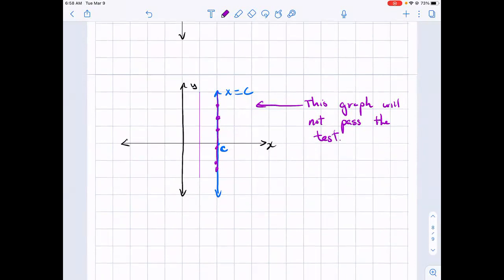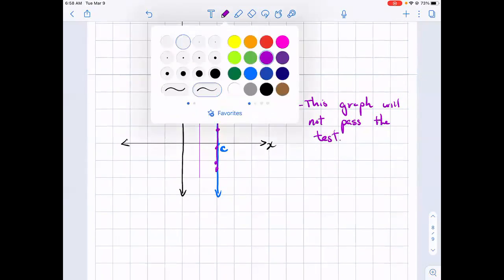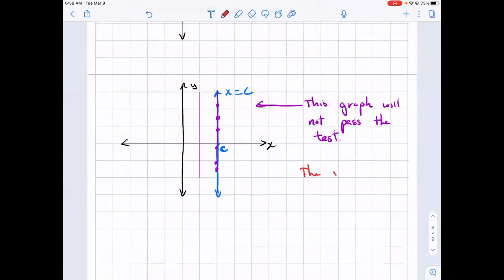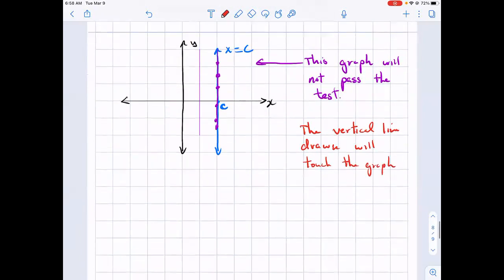So the vertical line drawn will touch the graph continuously, not just in one place.